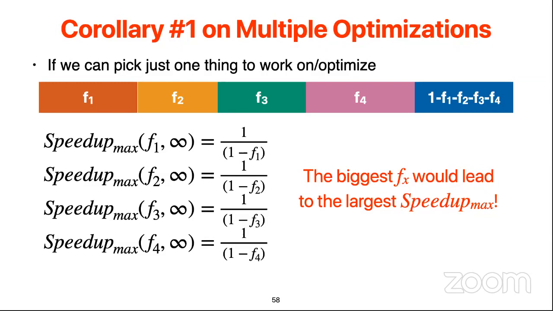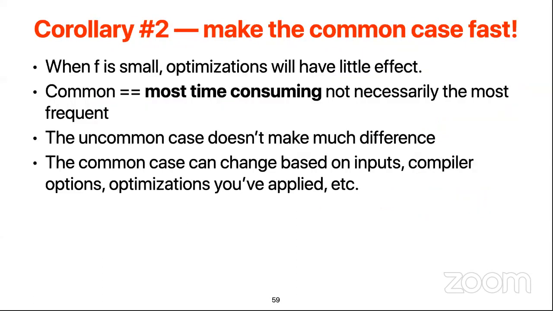So for this case, if I can only do one thing, then I will probably pick F4 because it looks the largest, right? So here comes the second corollary: focus on the common case and make it fast, right? But when we say the most common case, it is the most time-consuming case, all right?